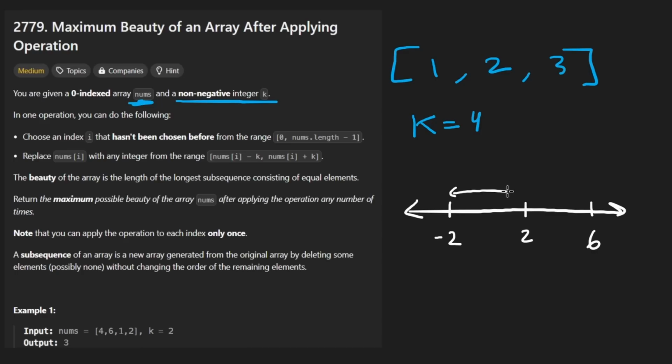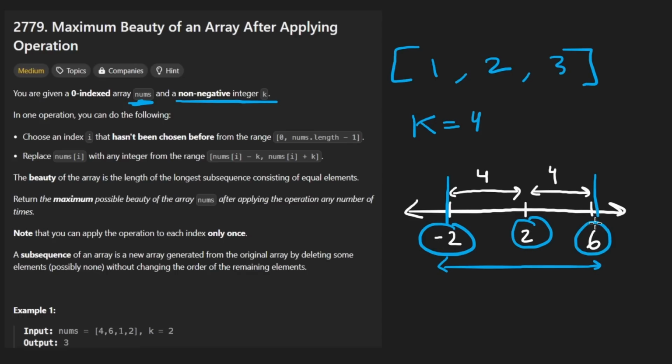That's because k is this portion. K is 4, which is this portion over here and this portion over here. What this was saying is we can add k to the number or subtract k from the number and everything in between. So we can replace a number like 2 with anything in between -2 and 6.